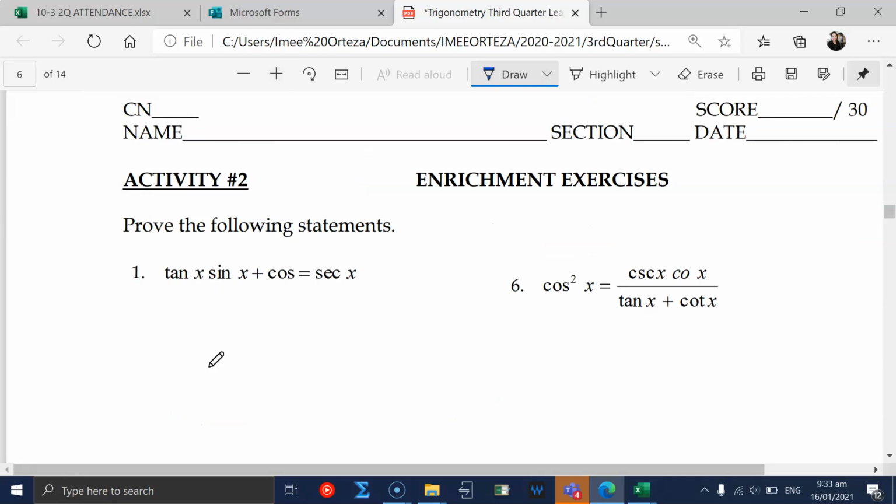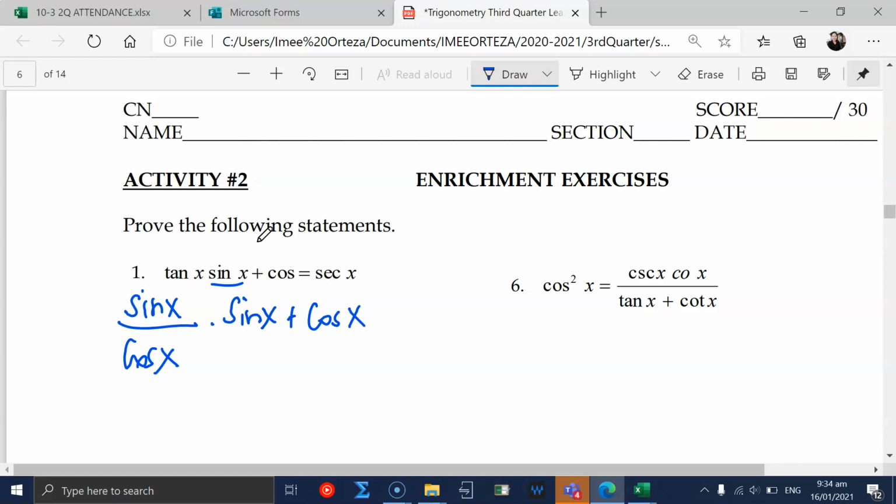So let's work on the first one. Okay, so the first one, tangent x times sine x plus cosine x is equal to secant x. So the tangent can be written as the quotient identity sine x over cosine x times, copy this part, sine x, and also cosine x.